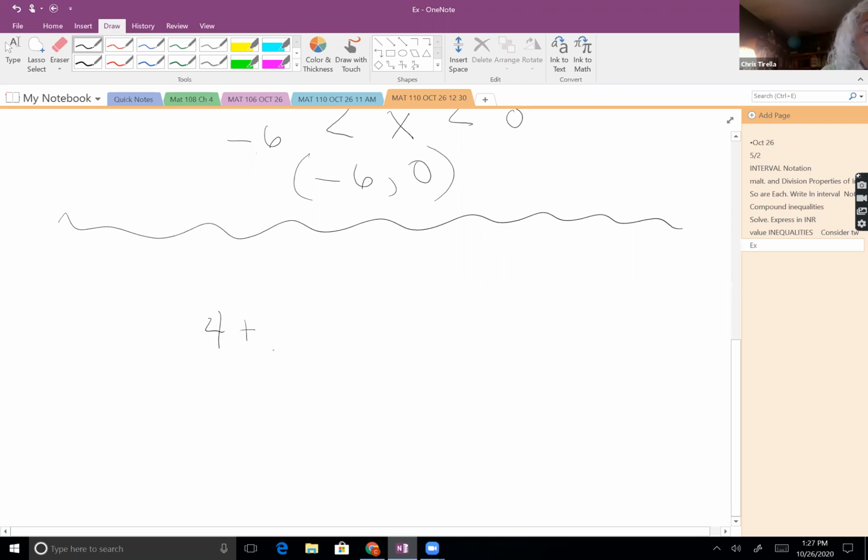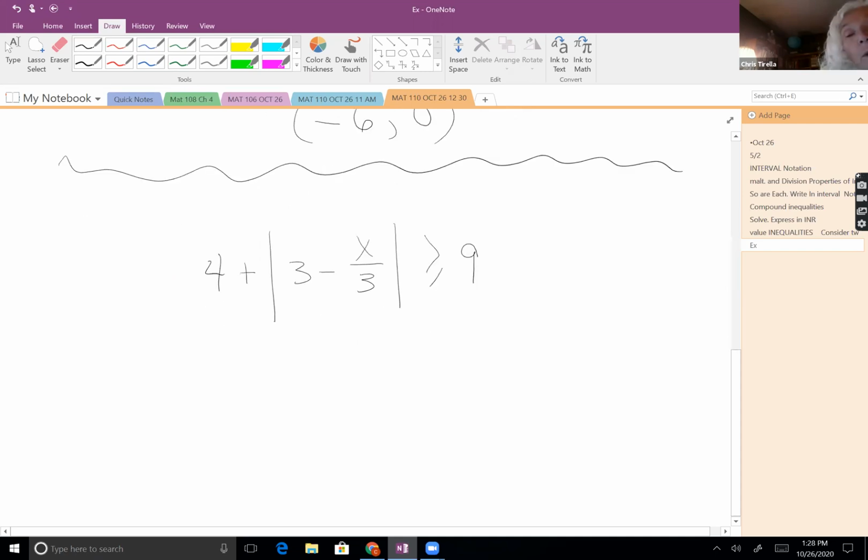What if I have 4 plus the absolute value of 3 minus x over 3 is greater than or equal to 9? With this one, the absolute value is not alone yet. First thing we want to do is isolate that absolute value.